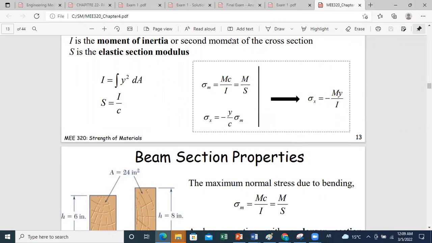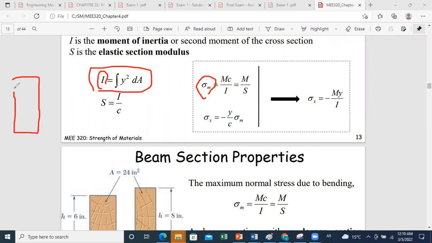We have that the value of the maximum stress developed will depend on the moment of inertia, which is integral y squared dA. These inertias are depending on the geometry of the cross section. So each cross section geometry will be characterized by a formula for I. For example, if you have a rectangle, and the neutral axis is passing, of course, by its centroid. This is the neutral axis.